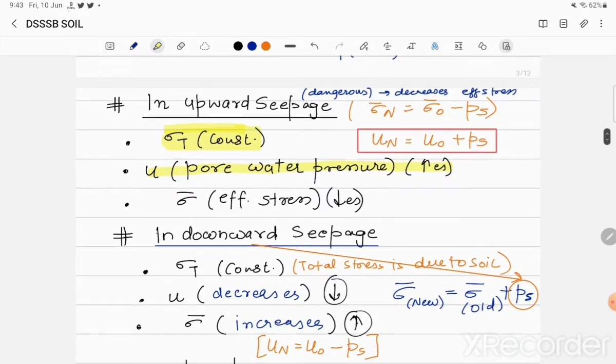Since the pore water pressure increases, and we know effective stress is nothing but sigma total minus u, if you increase u, that is pore water pressure, the effective stress is going to decrease.